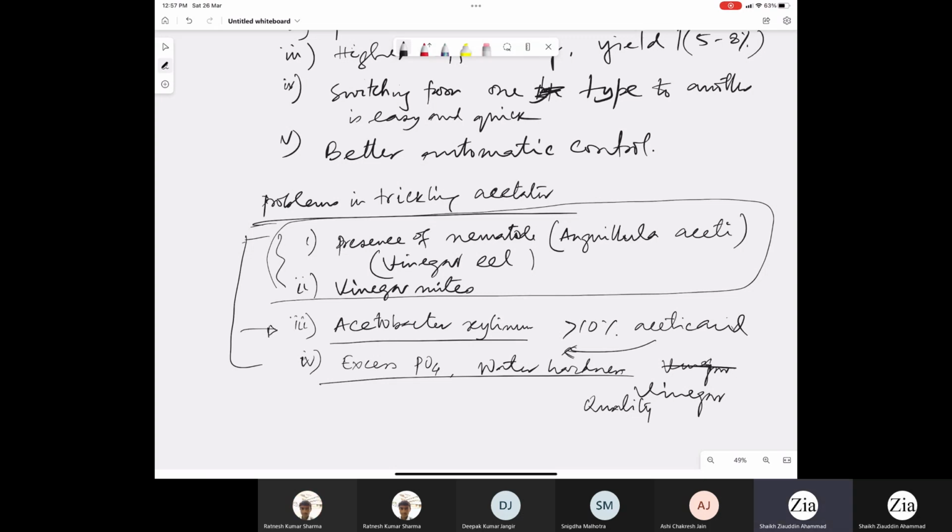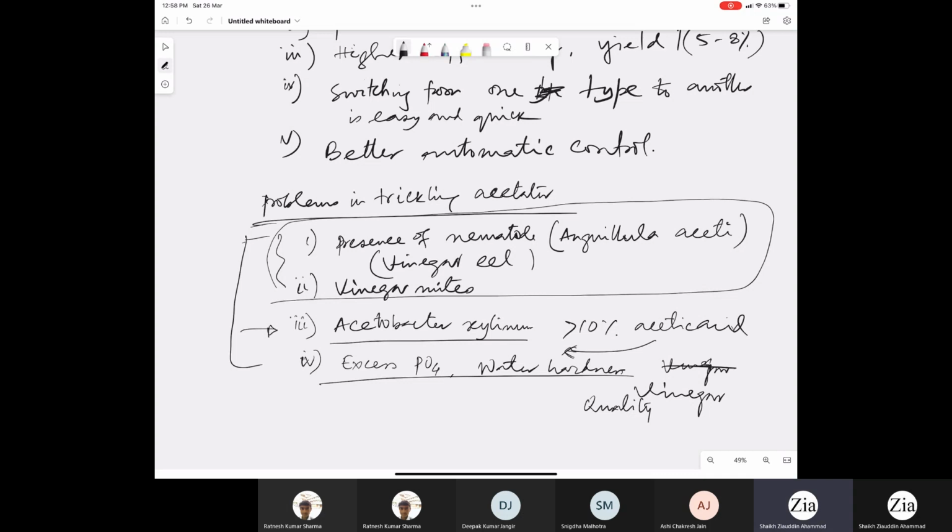Now, when you talk about the type of vinegar, there you can get 4 or 5 types of different vinegar based on the substrate you use. So one is white distilled vinegar. You can actually produce that vinegar at relatively higher concentration, and mostly you produce it from alcohol.